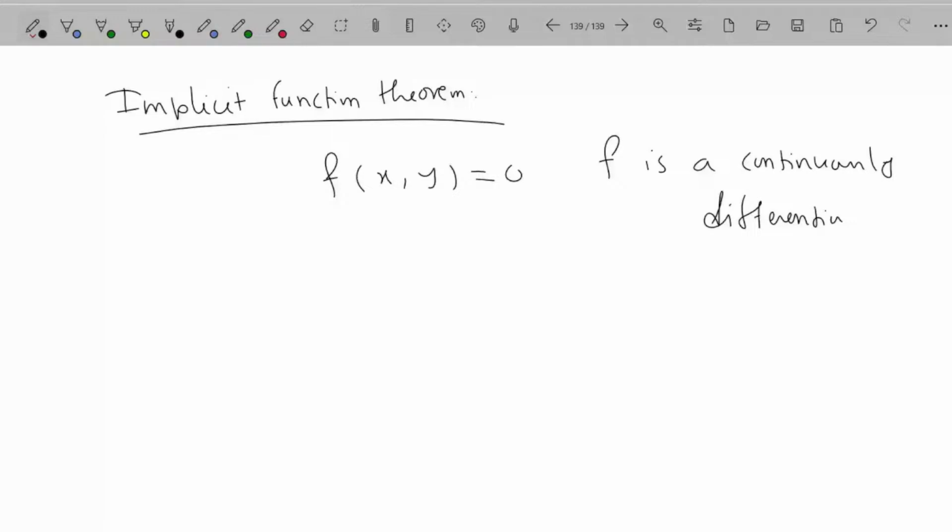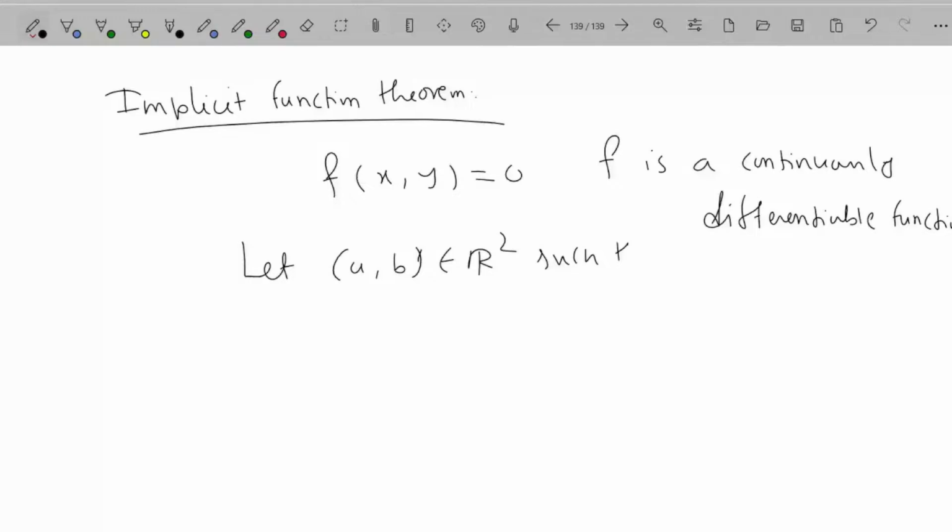Okay. Let's say there is a point (a, b) in R2 such that f of (a, b) equals 0.